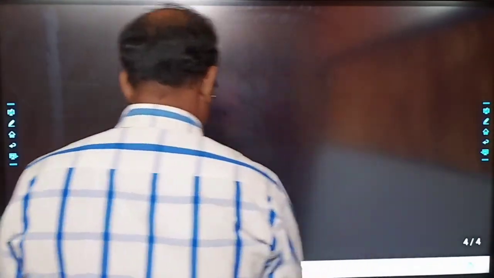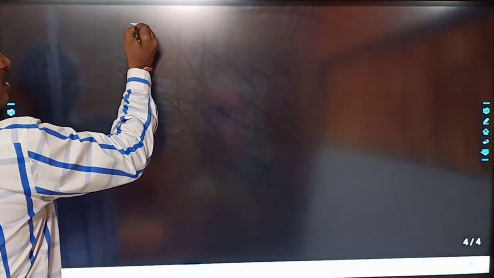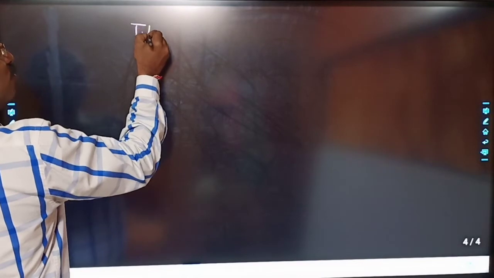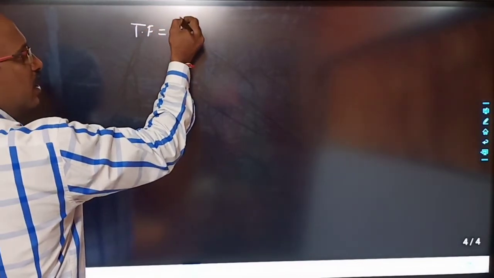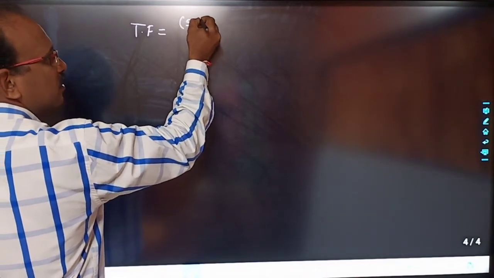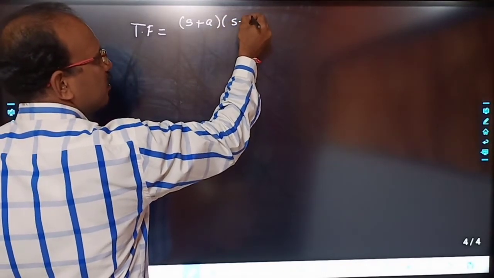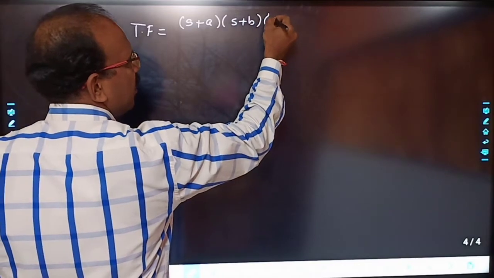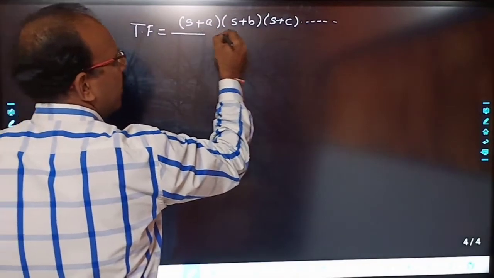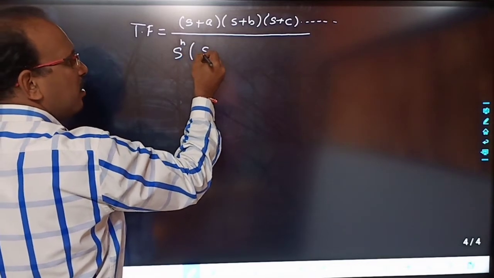So I write that. Here I want to write how transfer function is presented. Transfer function equals to something I write S plus A, S plus B, S plus C, and so on, divided by S raised to n, S plus something, another parameter.